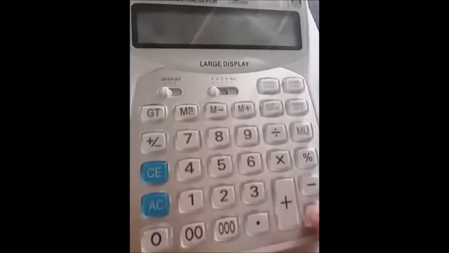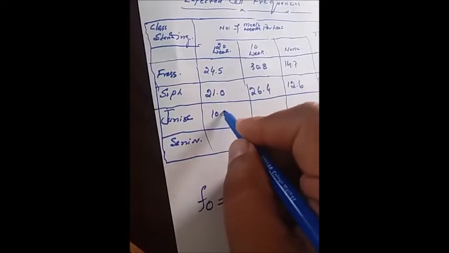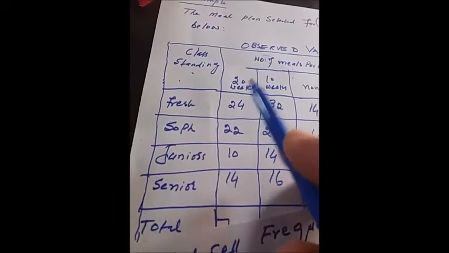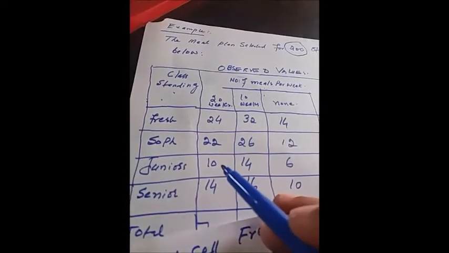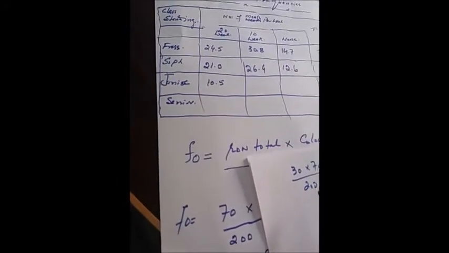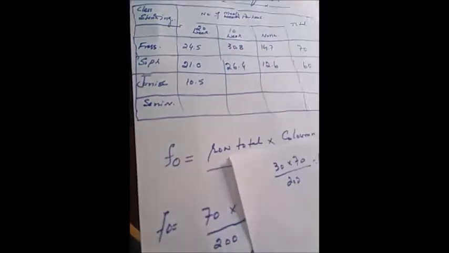This will be 10.5. So the same will be added in the junior column, 10.5. We obtained the expected value from this observed value, which is 10. Now we obtained the expected value 10.5 for this junior for 20 weeks.